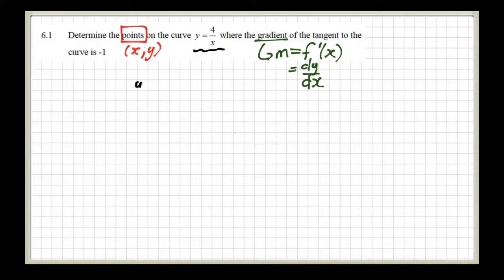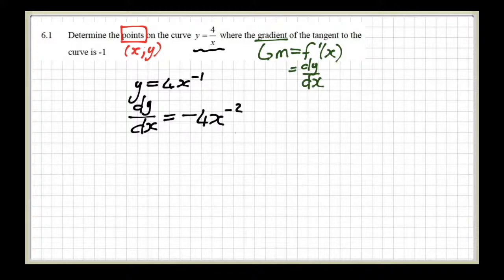But before I can actually derive it, I need to handle that over x. So I'm going to take it to the top and make it 4x to the -1. Now I'm ready to derive it, dy over dx, and if I derive it, it gives me -4x to the -2.